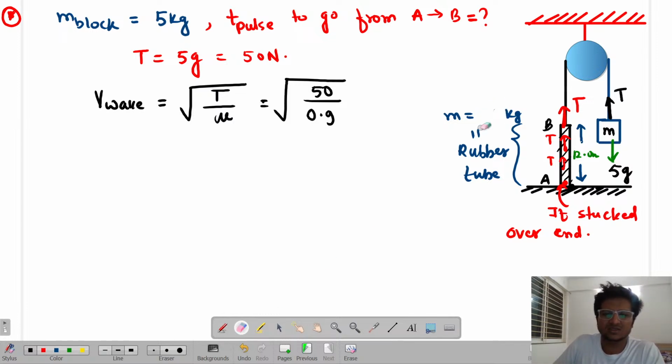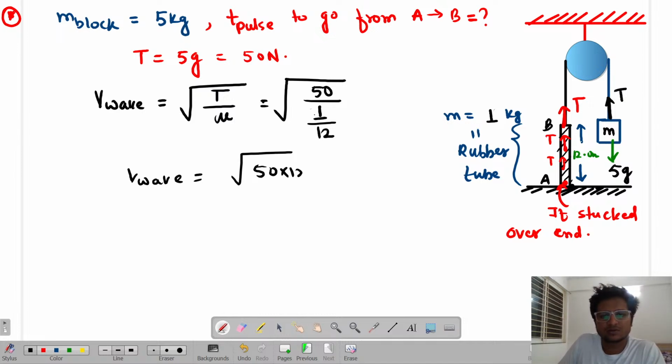Let us make it 1 kg, why make it 0.9? It will be so difficult to calculate. Mass by length is 1 by 12. So if you send a pulse upwards, you'll get the velocity of the wave as root under 50 into 12. So that is my velocity of the wave.